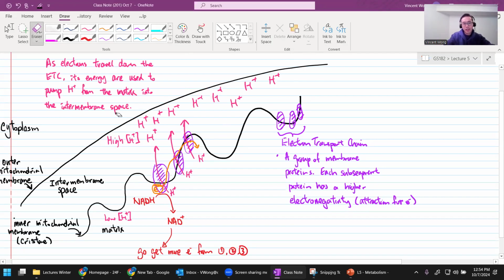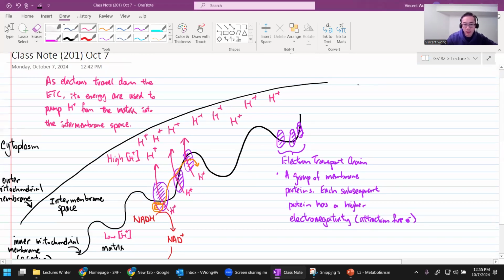So all these H plus actually want to come back into the matrix, but they can't because H plus is charged, and the inner membrane, as you know, is made of the same material as the cell membrane. So it creates a barrier that prevents the H plus from going in.